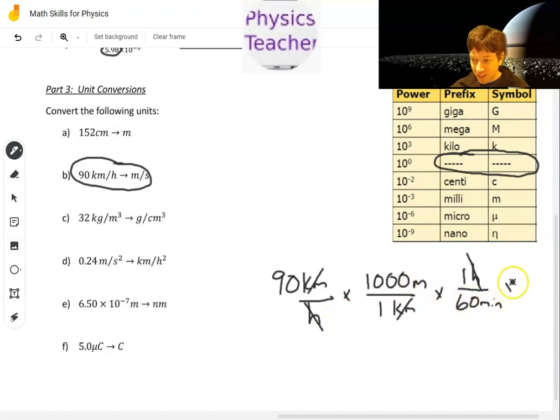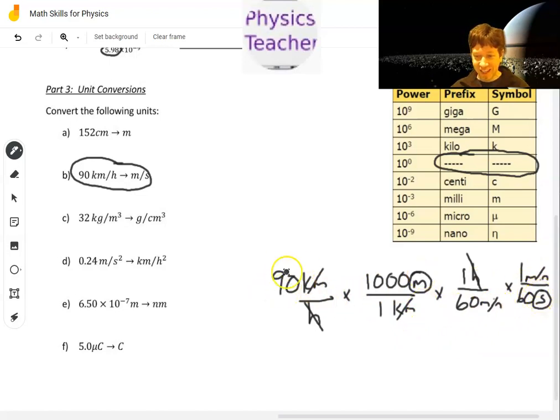I'm going to do it one more time to change it into seconds. So 1 minute per every 60 seconds. And now your minutes cancel, and we have meters per second.